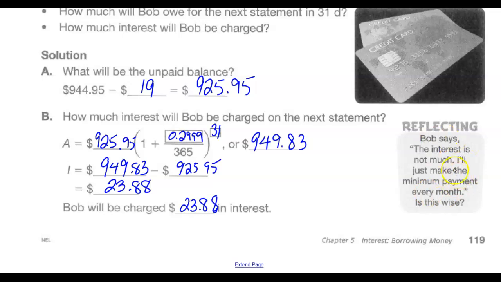So if you can look over here, it says Bob says the interest is not that much. I'll just make the minimum payment every month. Is this wise? Well, if you think about that, this is added. That's how much interest was charged. So then the next month, if they keep it at $19, you're not even paying any of the principal off.